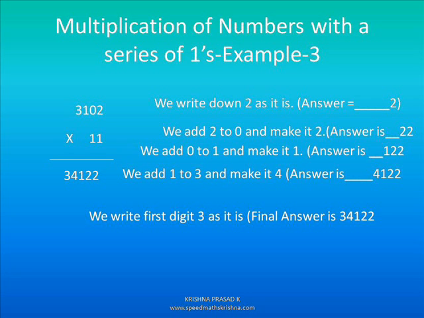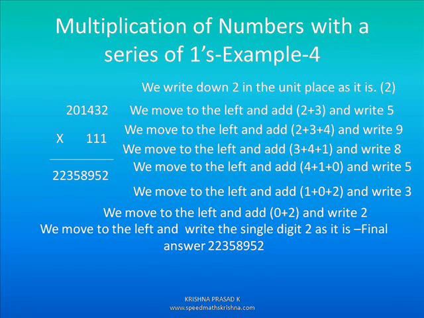We take one more example. 201432 multiplied by 111, what is the answer? We write down 2 in the unit place as it is. We move to the left and add 2 plus 3 and write 5. Next we add 2 plus 3 plus 4 and write 9.